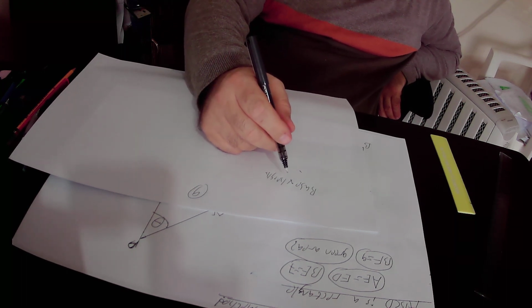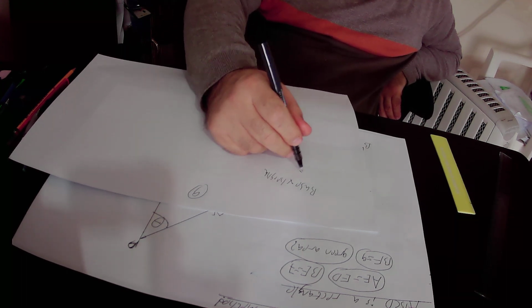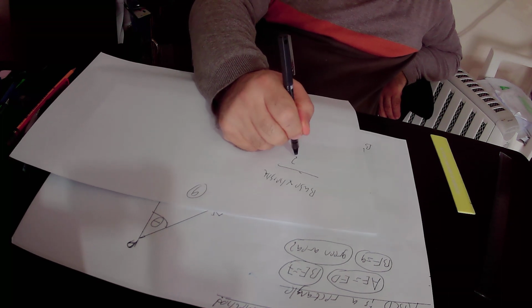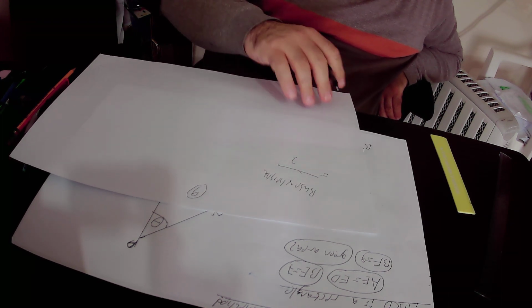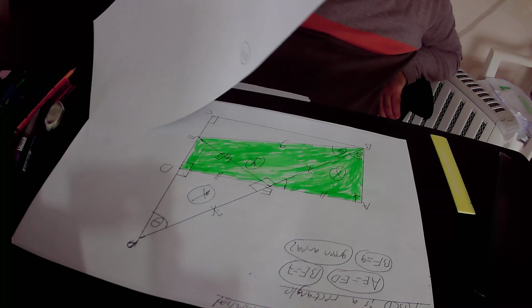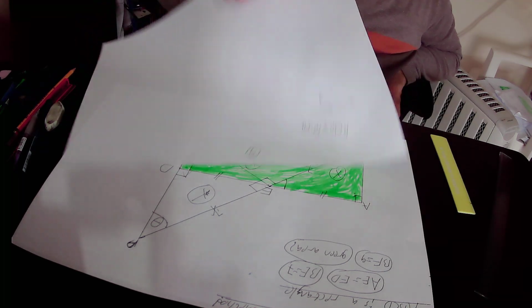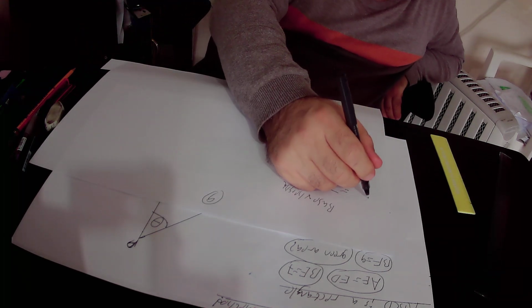The base times the height over 2, that is the area of triangle PBF, the isosceles triangle PBF.